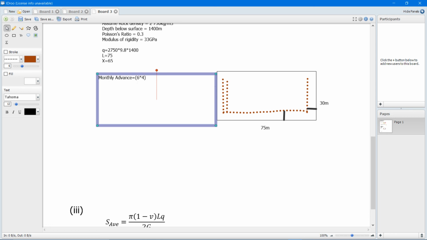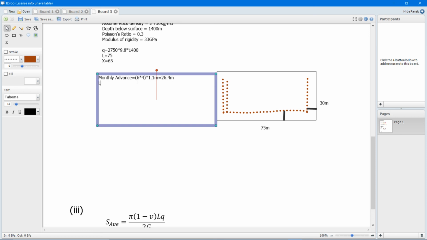So that gives us 24 blasts multiplied by the advance per blast, which is 1.1 meters. And what total does that give us? It should give us 26.4 meters as a monthly advance.